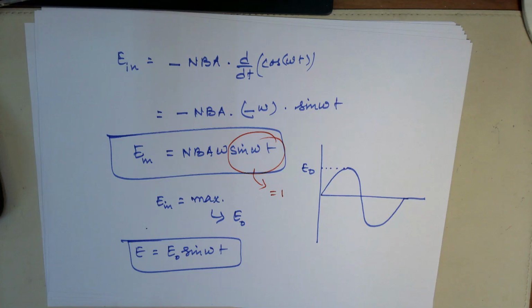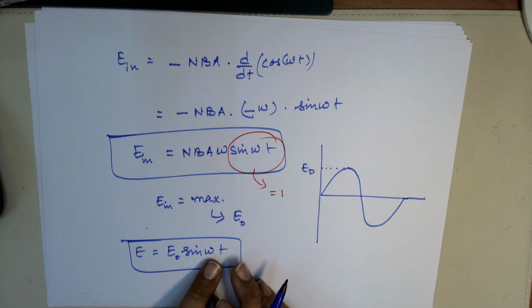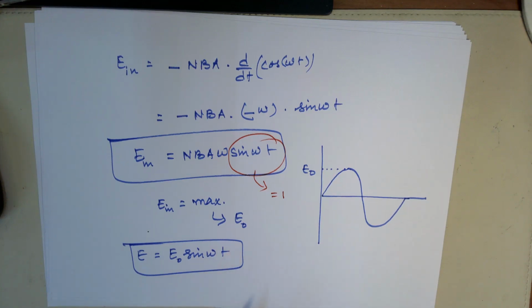Now, you know very well, omega t is nothing but theta. When sin omega t is equal to 0, what do you understand from this? Theta is equal to 0.